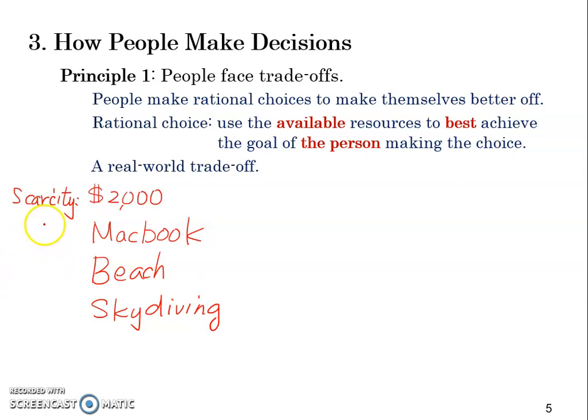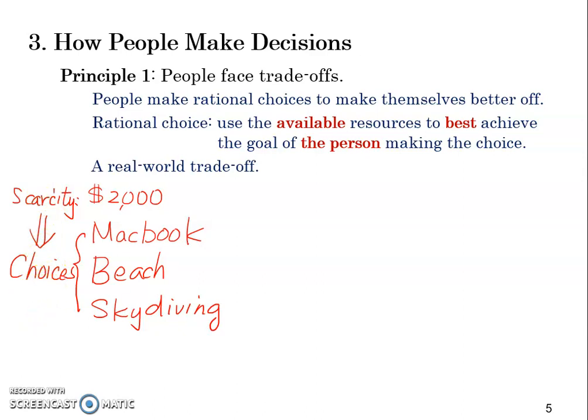Because we only have $2,000, we cannot take all 3 of them. We have to pick one. So these 3 are the choices in front of us. Because of the scarcity, we have to make a choice.